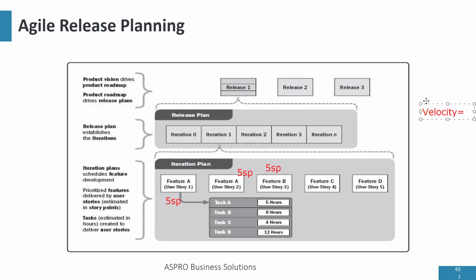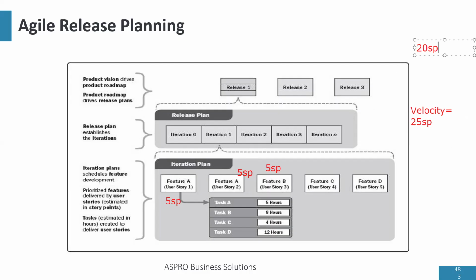If my velocity is 25 story points, which is the amount of features I can achieve, then in the next sprint, when I'm estimating, if the features add up to 20 story points, it tells me that we can do more work because our current velocity is 25. 25 is now our baseline.